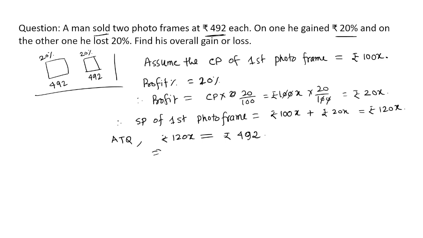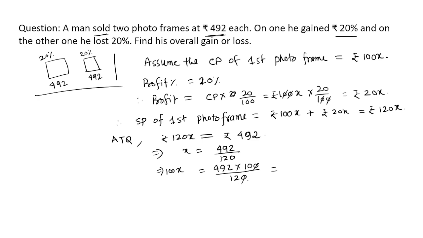Okay, therefore if you want to get the CP, that is 100x, so x equals 492 divided by 120, and 100x equals 492 into 100 divided by 120.